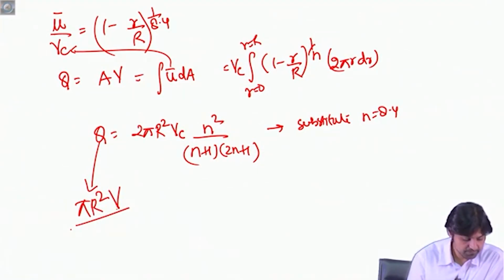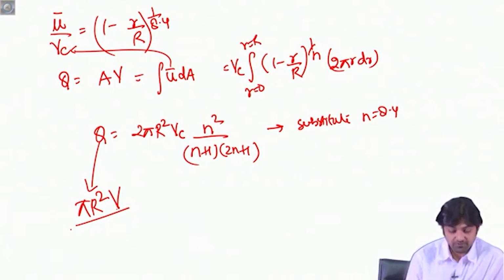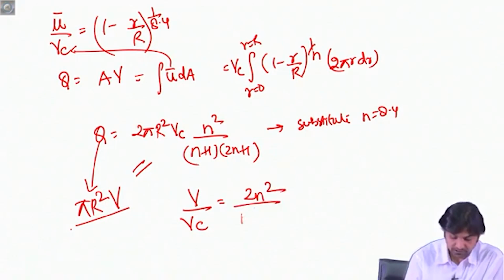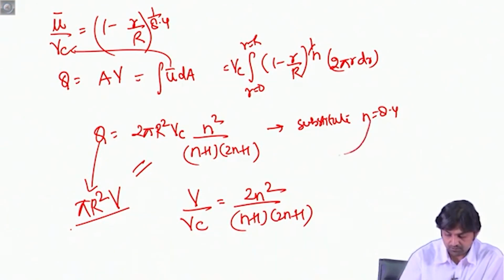All right, that was 5.09, the average velocity. Okay, because this is also equal to Q. So now if we equate both of those, what we are going to get, V by Vc is equal to 2n square divided by n plus 1 into 2n plus 1, and we substitute the value here.